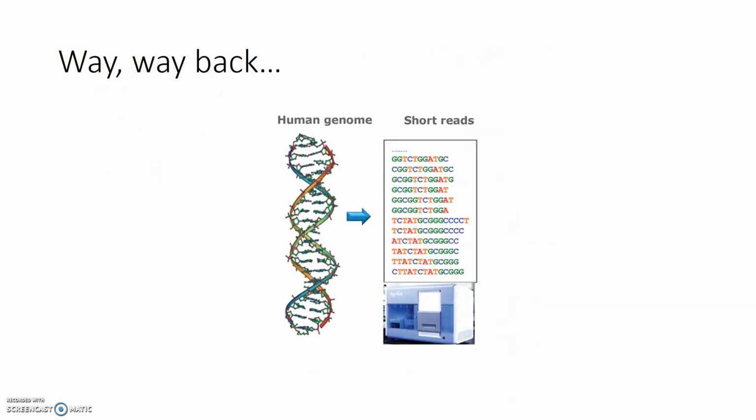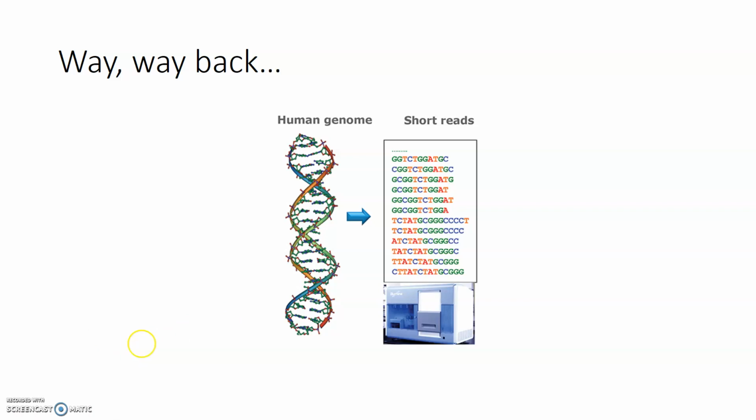And so remember way back that essentially we are chopping up this extremely long genome of about 3.2 billion base pairs, and we are creating these very short sequencing reads that come off of our NGS sequencer.